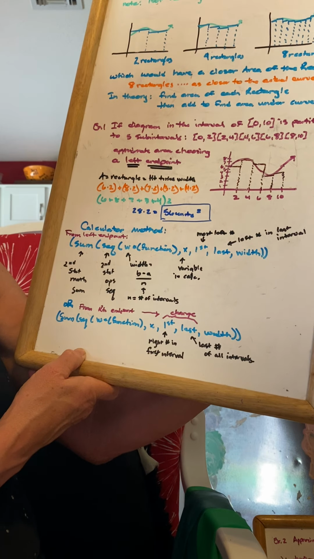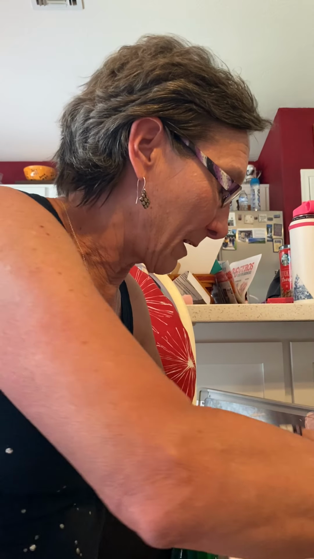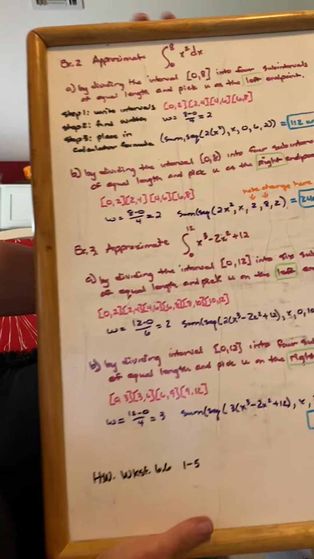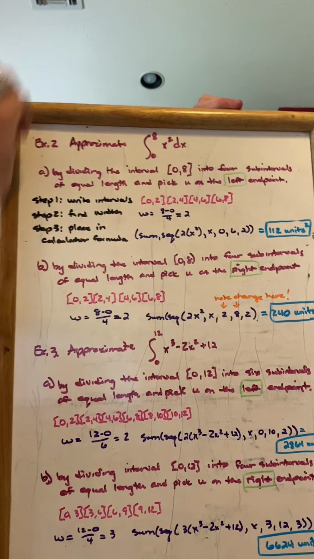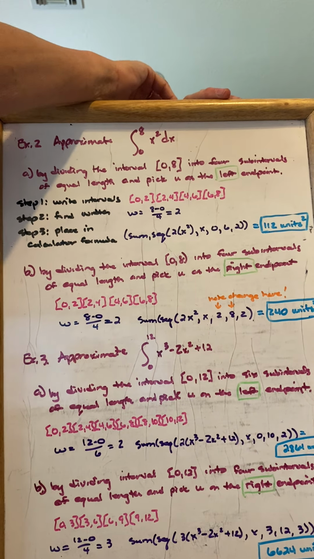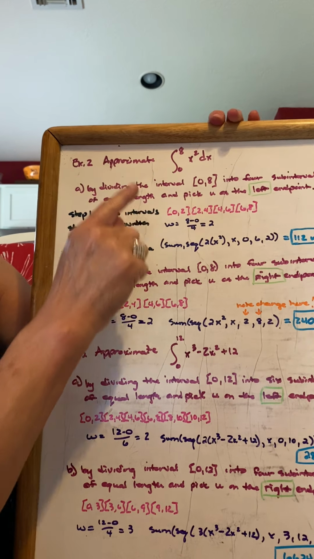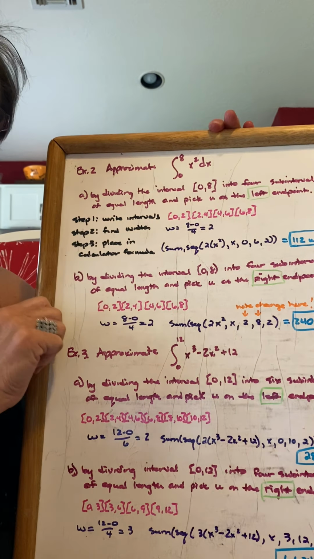All right, let's go to some examples that you actually can do in your calculator. I chose the first one to be fairly simple. I chose x squared. Approximate from 0 to 8 x squared dx. Do not do it in a calculator.